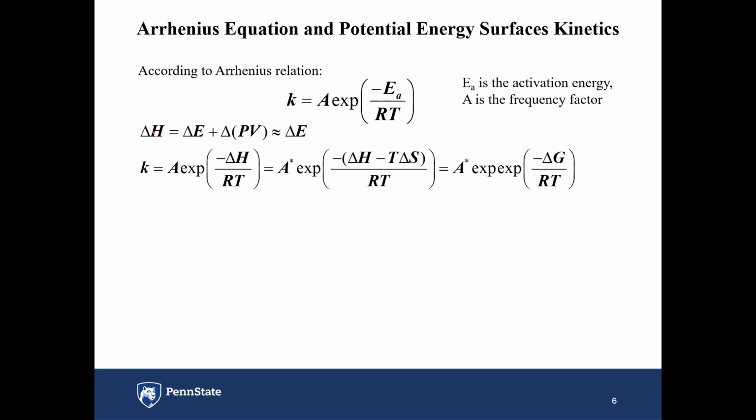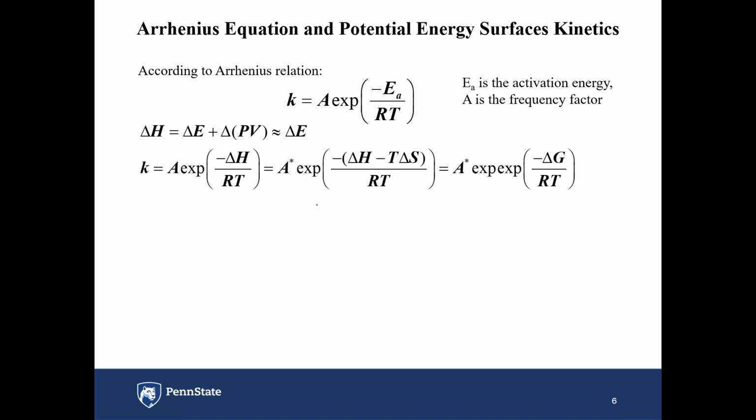And we know that from thermodynamics, the delta enthalpy is equal to the delta energy plus the delta PV, and is approximately equal to the delta energy, because in most cases the pressure times V is a constant. Why? Because PV is equal to nRT, right? So RT is constant, and n is the total amount of material. We have materials conserved, so the PV difference is going to be close to 0, right?